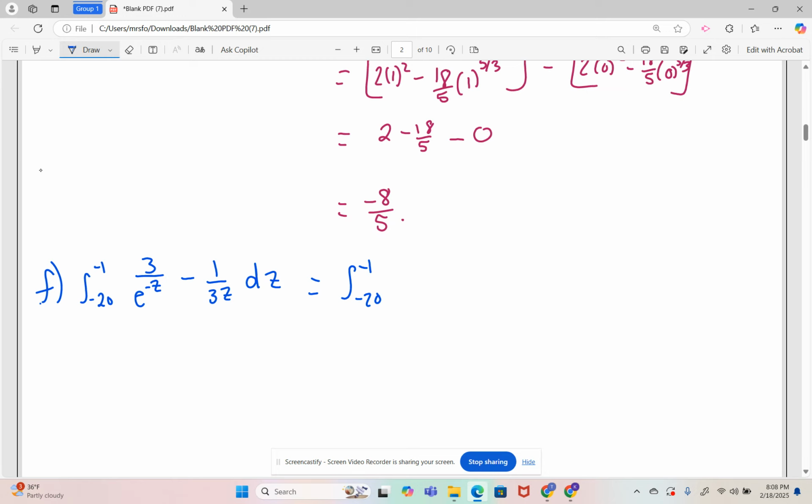We can easily make that a positive exponent by just taking it out of the denominator. Then we can pull out the 1/3 in the second one and bring my z to the -1 dz.